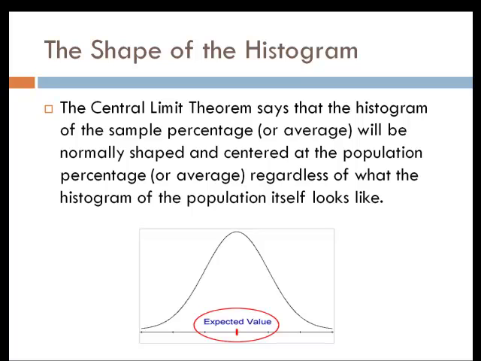So our original data can come from a 0, 1 box, which certainly doesn't look like a normal curve, or it can come from data that has a long right tail or a long left tail, all kinds of different shapes of the data. But when we talk about taking sample percentages or sample averages, and we construct a histogram of the sample averages or the sample percentages, we get this nice histogram centered at that expected value, centered at the parameter that we're interested in.